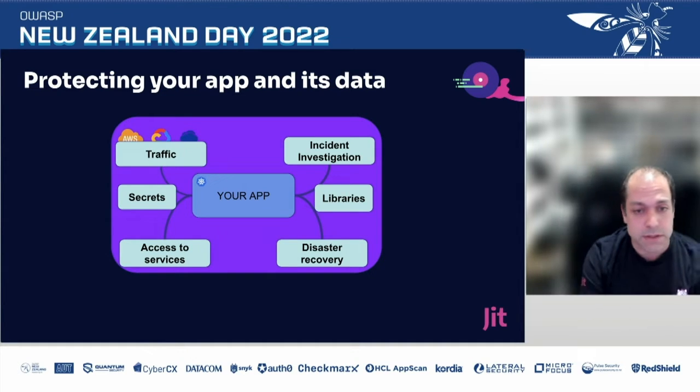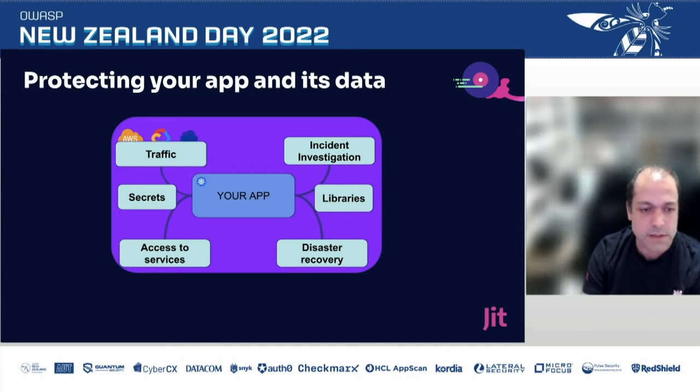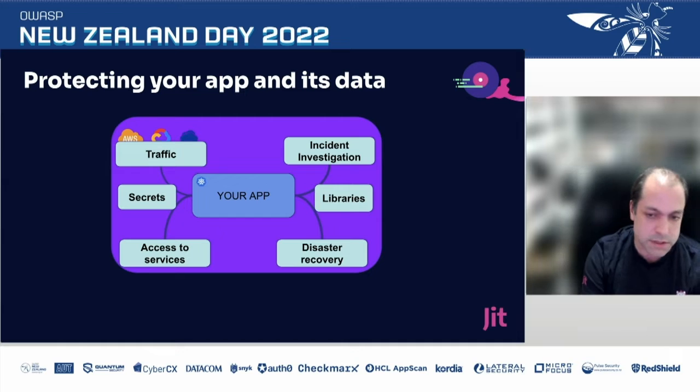Access to services between the different parts of your application and your microservices is also something that you want to take into account. The libraries, and we'll talk about that, are also part of the basic stuff that you want to check. And there are two other important topics that you want to tackle.